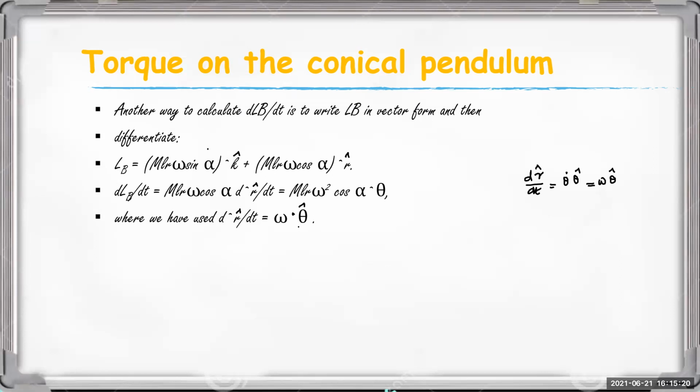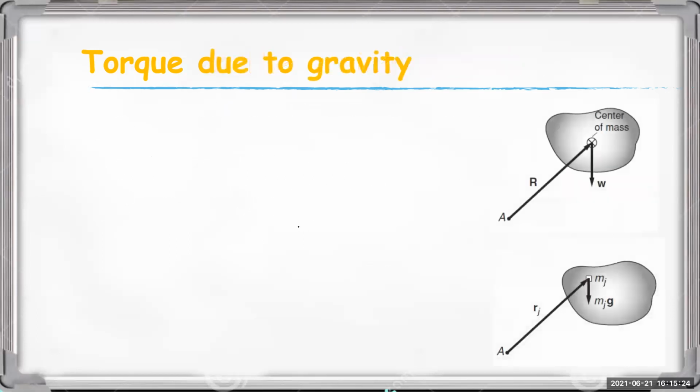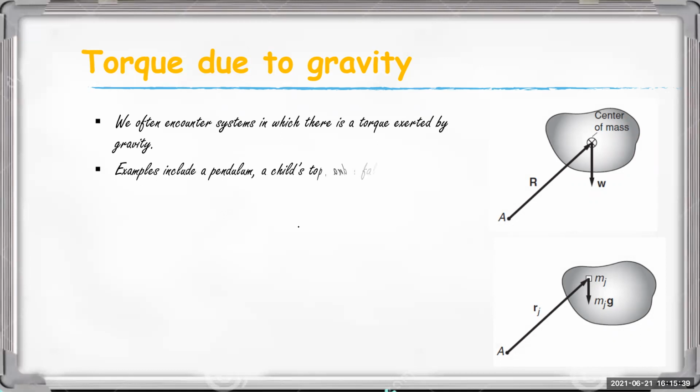Now we are discussing the last example, the torque due to gravity. We often encounter systems in which there is torque exerted by gravity. Examples are a pendulum, a child's top, and a falling chimney.